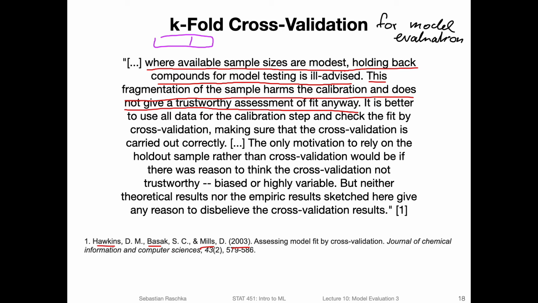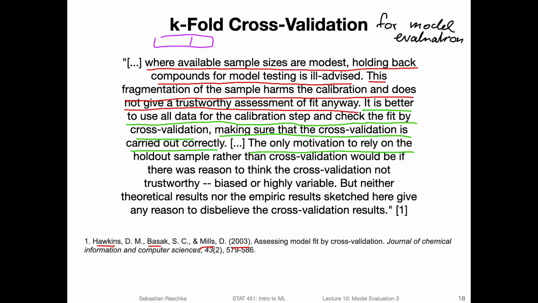And if the data set is small, the test set will be small anyway, even though we may use a large chunk of the data for testing, and it will not be very reliable anyway. So they say it is better to use all data for the calibration step and check the fit by cross-validation, making sure that cross-validation is carried out correctly.